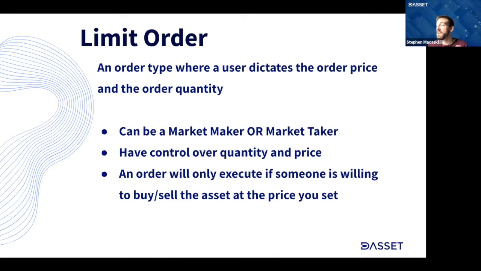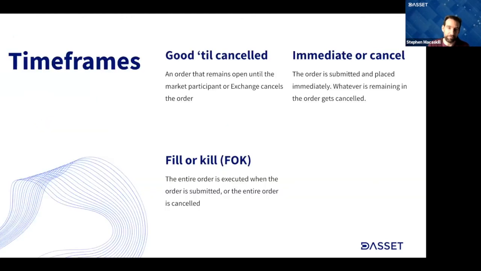If you set a buy for Bitcoin at $50,000, that order may never fill, or it might fill tomorrow. It really depends on the direction of the market.